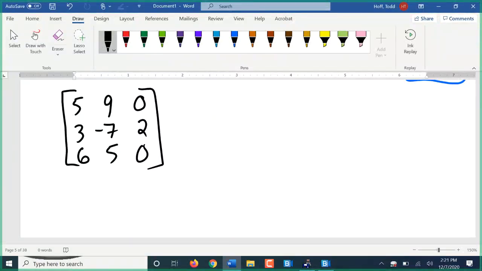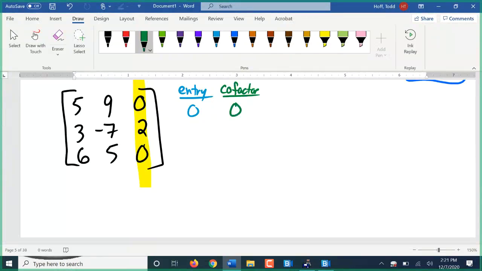If we were to expand using those partials and minors, and if we use this last column, well, our first entry here is 0. Guess what? The cofactor of that doesn't depend on its position. It is in row 1, column 3, which is even, but even if it was in an odd spot, negative 1 times 0 is still 0.